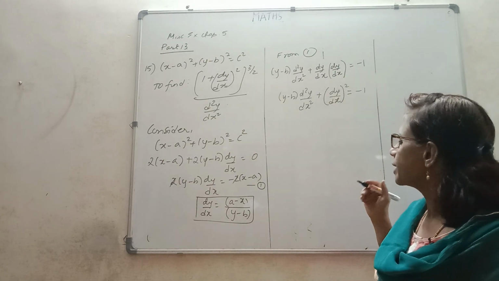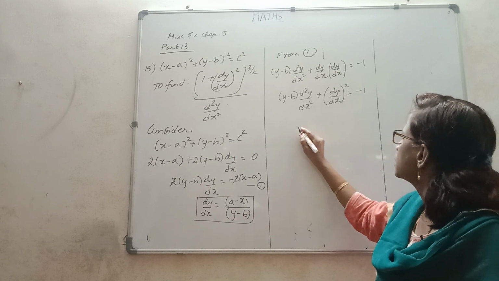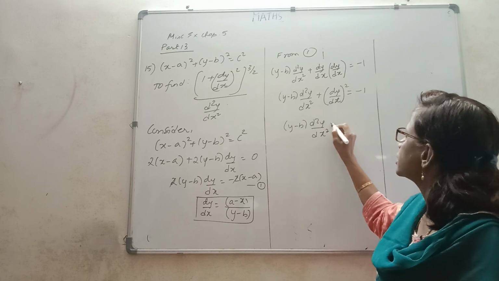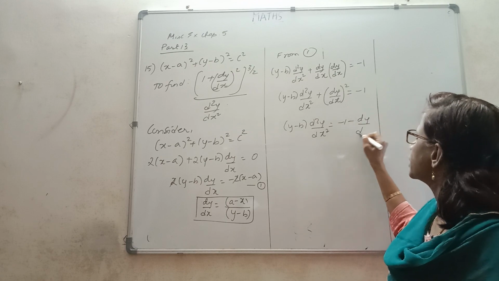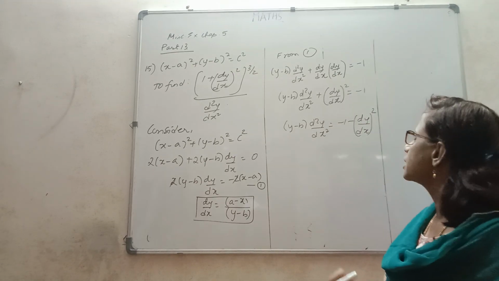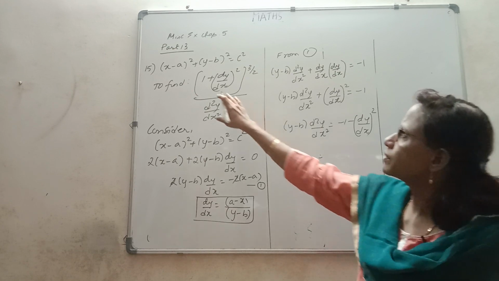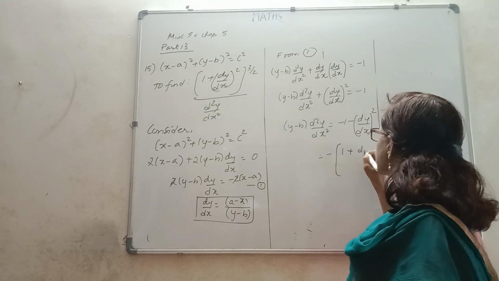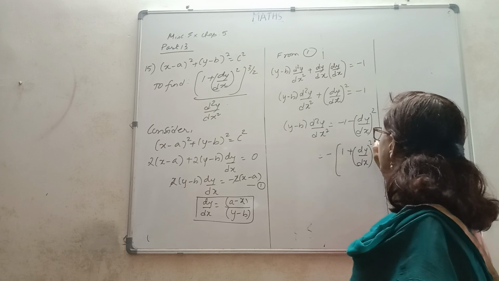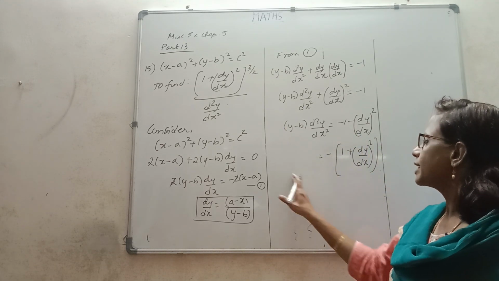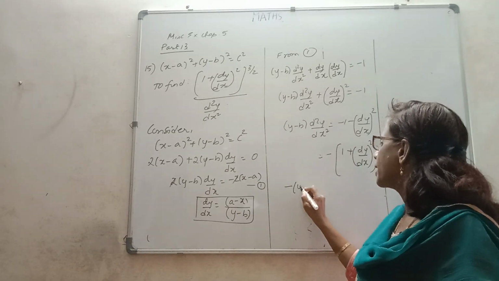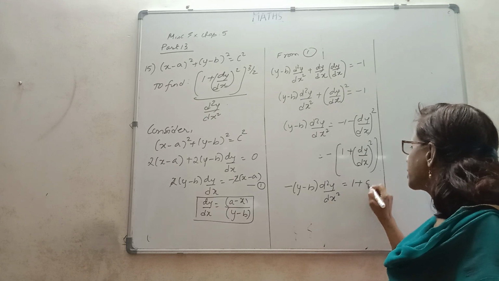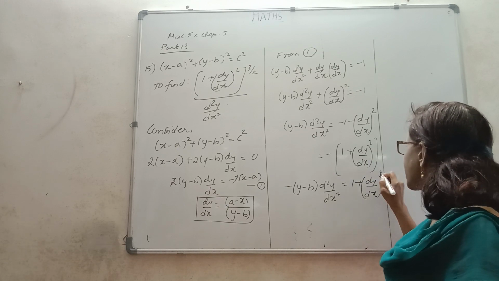Let's move this to the other side: y minus b times d squared y by dx squared equals minus dy by dx the whole squared minus 1. Taking the minus 1 out, we get minus 1 plus dy by dx the whole squared. So y minus b times d squared y by dx squared equals minus of 1 plus dy by dx the whole squared.